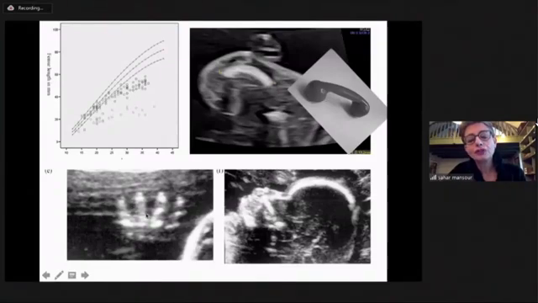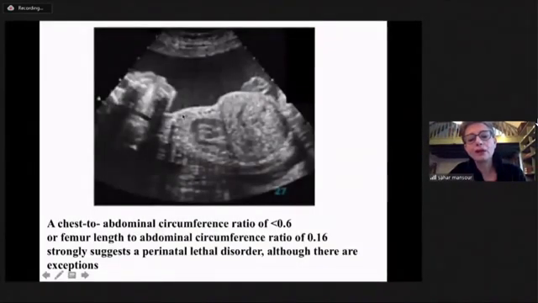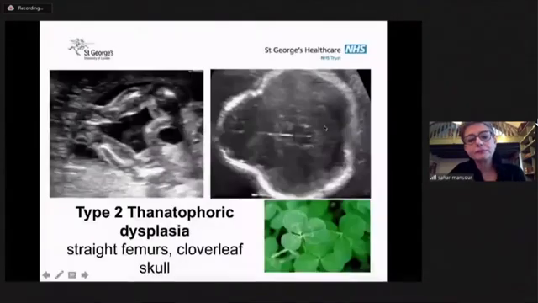There are short, stubby fingers, brachydactyly, and a saddle nose and a flat facial profile. The thoracic dystrophy, the very small chest, shows that it's probably a lethal dysplasia. So it's not difficult to see that that case was thanatophoric type 1.